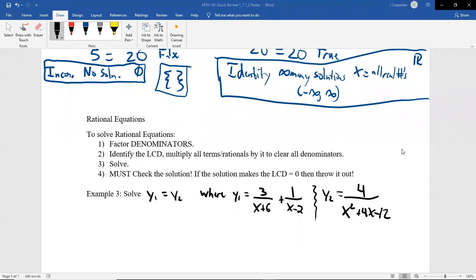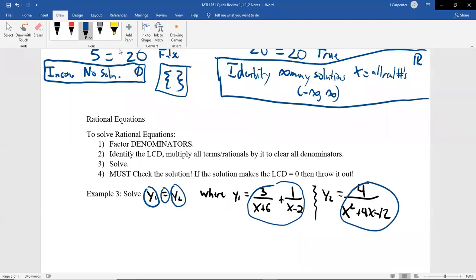I don't know what it is about this problem, but students are constantly overthinking. What are you not going to do? You're not going to overthink this. You're not trying to solve this. You're setting whatever represents y1 equal to whatever represents y2. What represents y1? This thing. What represents y2? This thing.